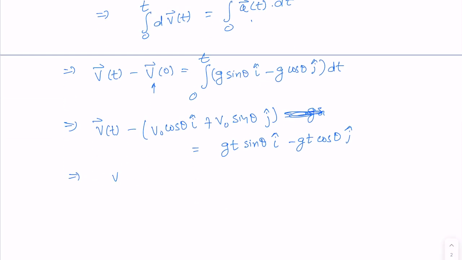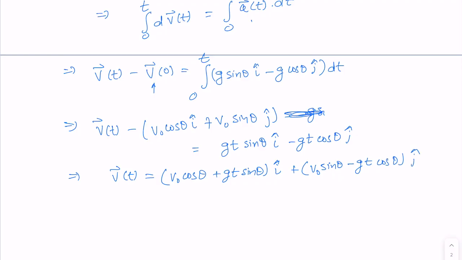And hence v(t) equals (v0 cos theta plus gt sine theta) i plus (v0 sine theta minus gt cos theta) j.